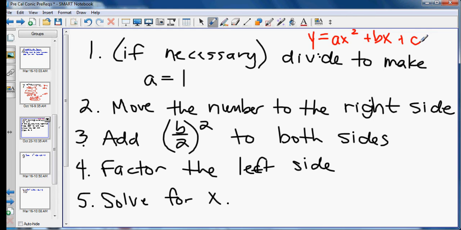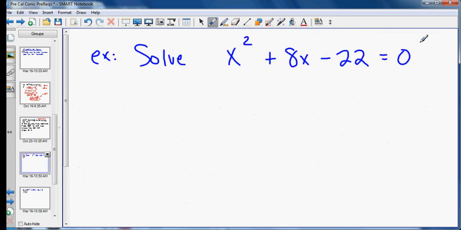So now let's apply these same steps to this equation. So step 1, we've got to make sure that a, the coefficient in front of the squared, is 1. And it is. There's just an understood 1 right in front of the x squared. So step 1 is already good to go. Step 2, we need to move the constant over to the other side so it is by itself. So we'll add 22 to both sides.